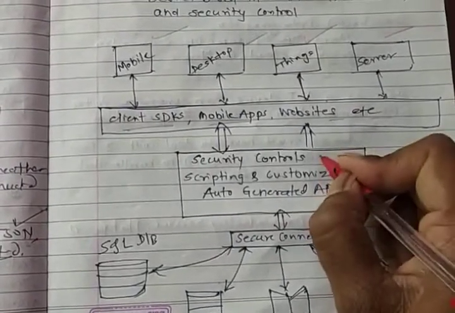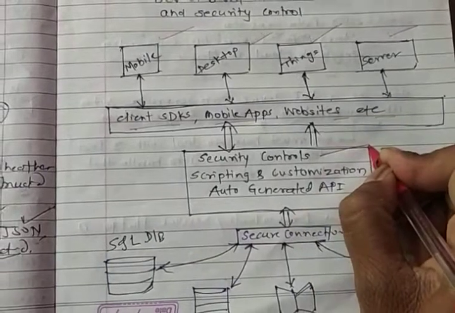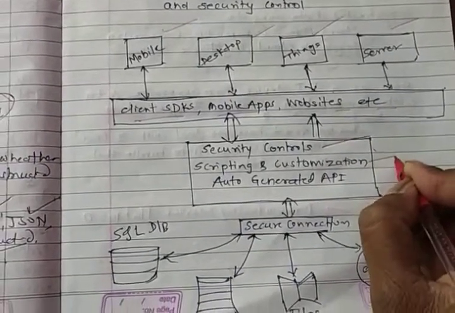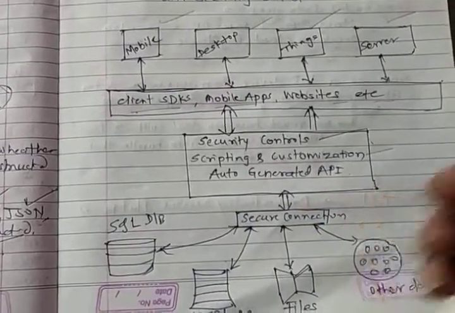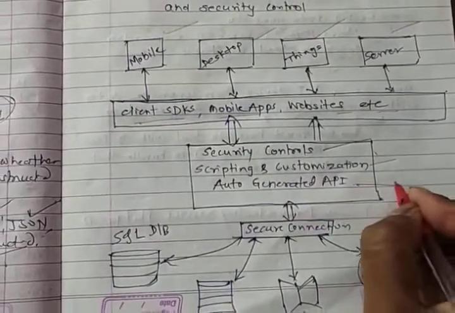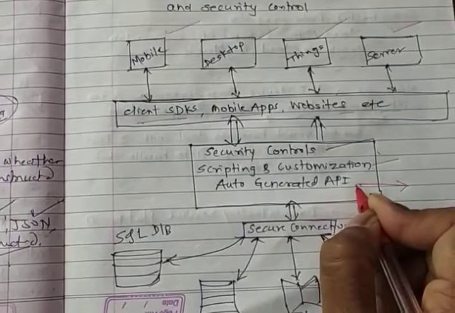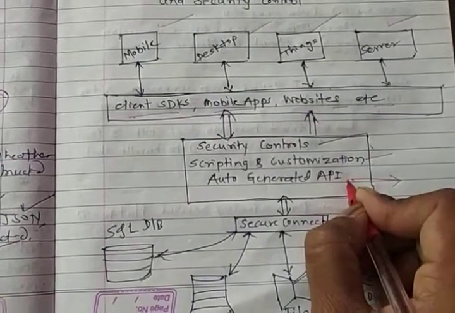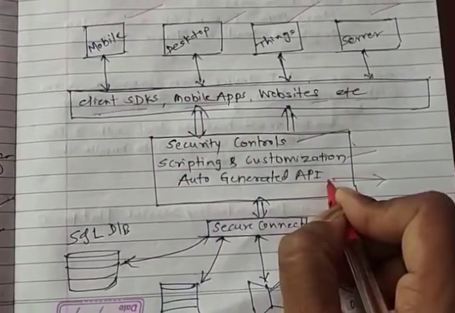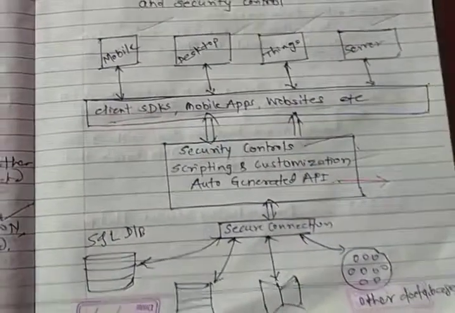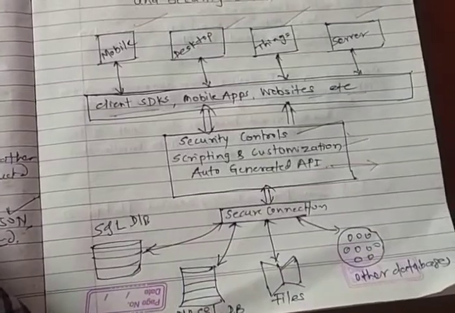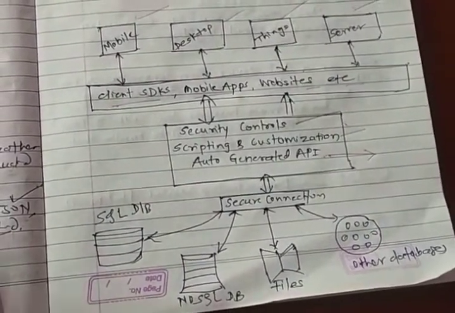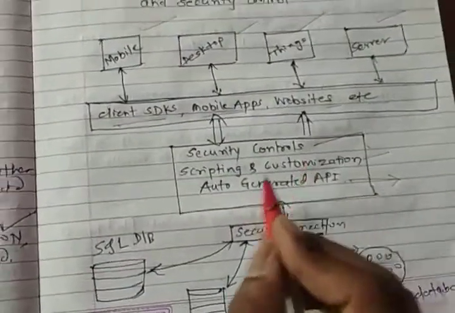So DSP will take care of the security controls, it will take care of the scripting, and it will take care of the optimization that should be used while providing the data. The most important thing is that it will auto generate the API required to transfer the data to the above mentioned devices, right? So first of all, what security control should any device keep in mind?